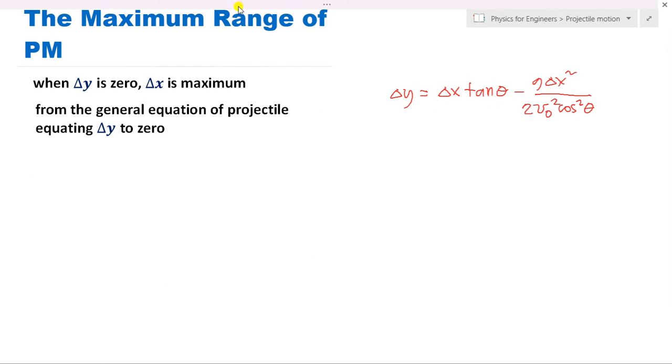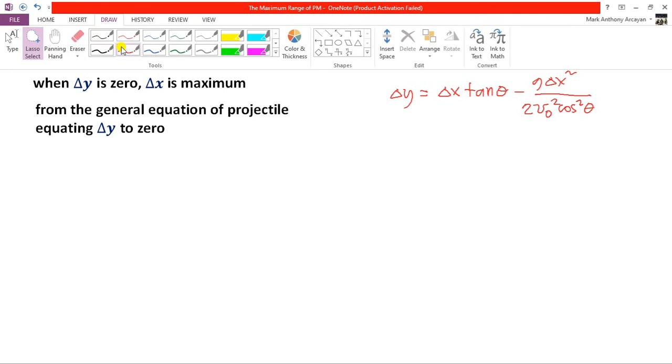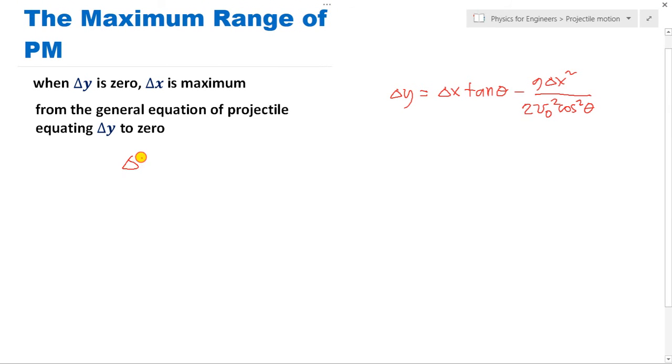So here we have, doon na tayo sa part ng delta x. So again, delta x is equal to tangent of theta all over g all over 2 v naught squared cosine squared of theta. Here we take the reciprocal of this and then multiply to tangent of theta. So magiging ganito na siya, class.